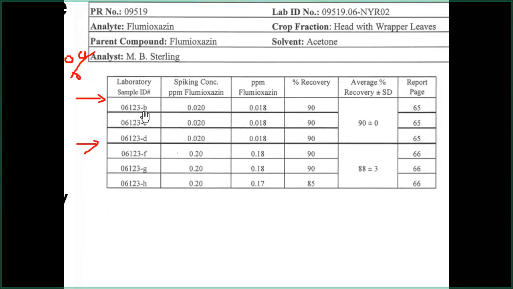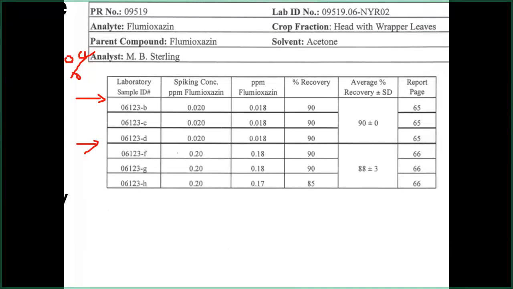You spike the first sample, which is A. That's a control. You don't spike anything. That's one sample in one bottle, one extraction. Then the second one is B, that's a spike. C is a spike, and D another spike. So you have a total of 4 samples: control, spike 1, spike 2, spike 3.